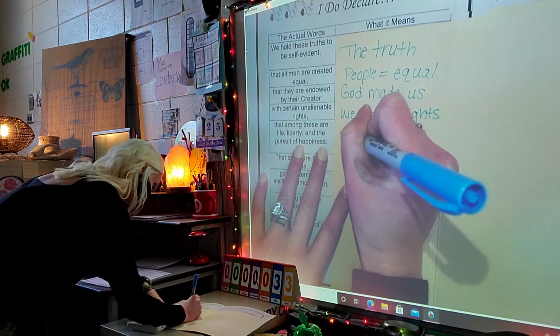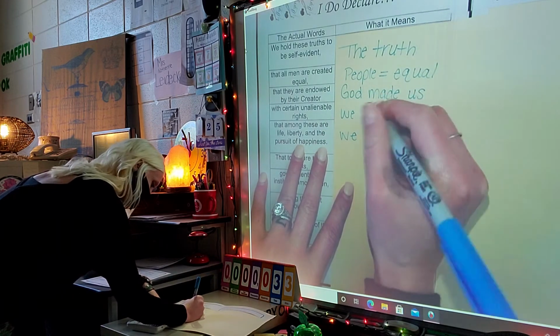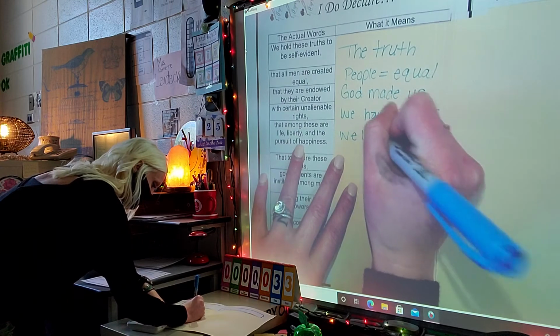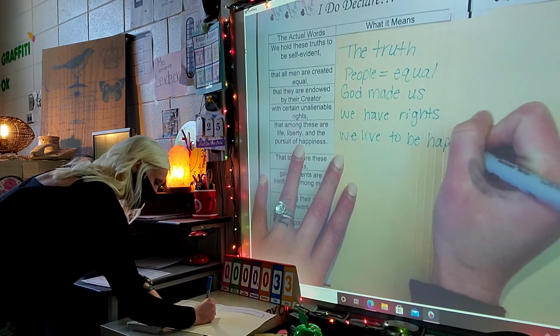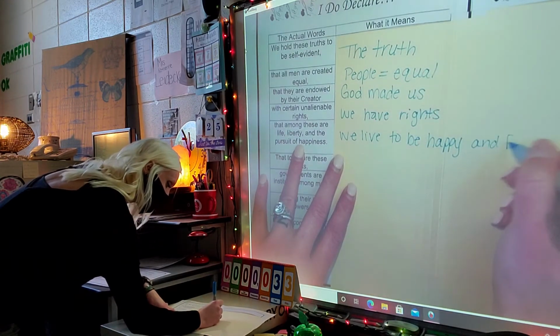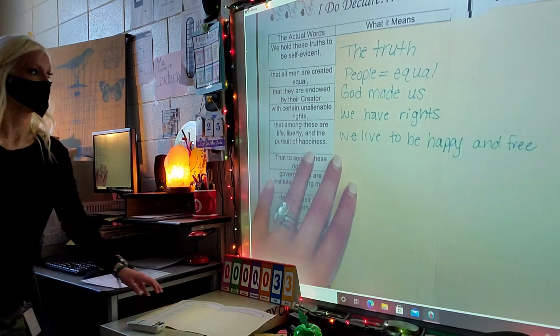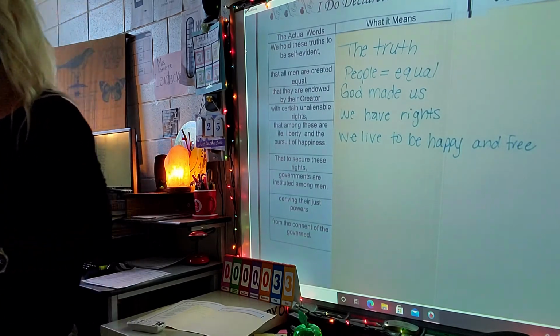Everyone write, we live to be happy and free. We live to be happy and free. I'm not free and I'm not happy. So we have the right to always be happy and free.